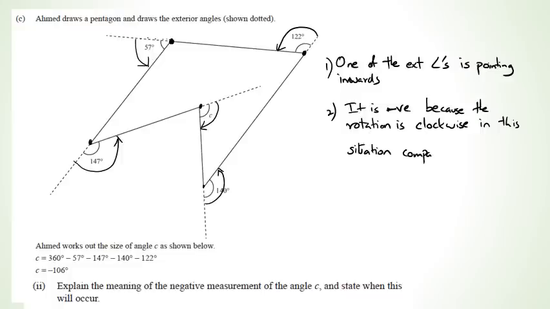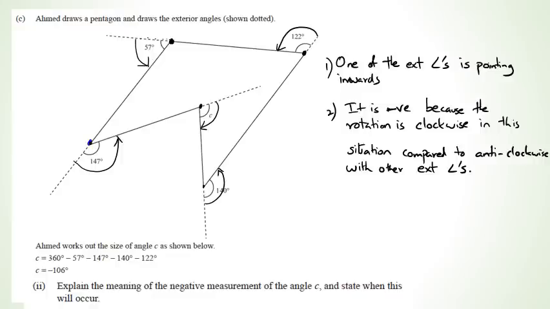Compared, because when I compare it to the other parts, compared to anti-clockwise with the other exterior angles. Now, the reason why I need to mention that anti-clockwise part is because I could have actually done this as well.